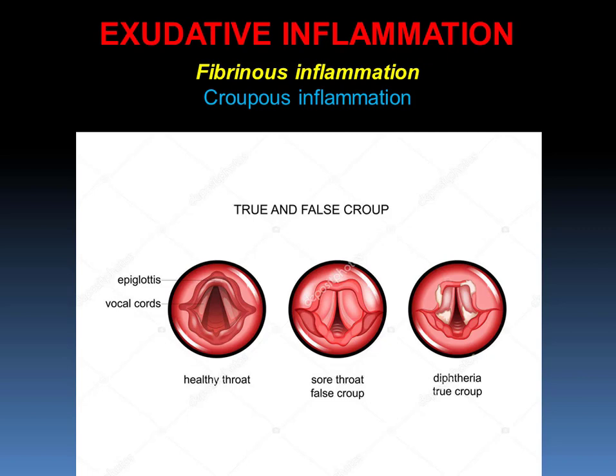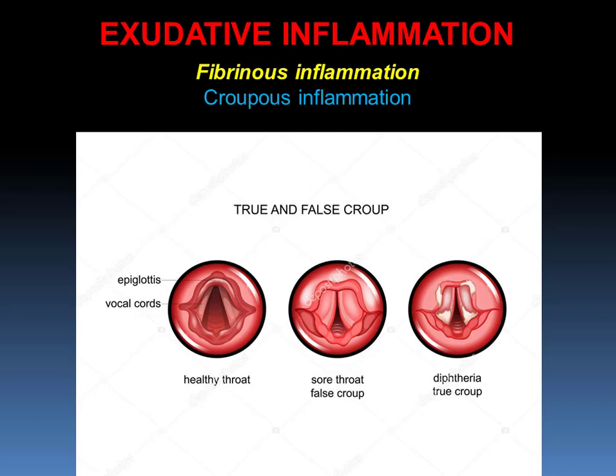True croup is a complication of diphtheria in the larynx, diphtheric laryngitis, when the films detach easily from the inflamed mucous membrane of the larynx and accumulate in the most narrowed part of the bronchial tree, which is the vocal cords. In false croup, there is also asphyxia, but the reason is different.